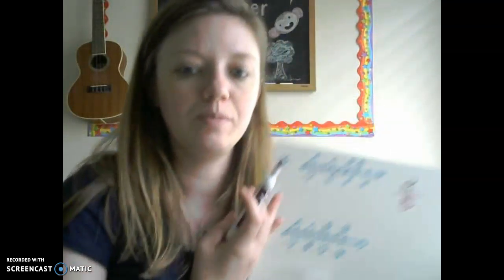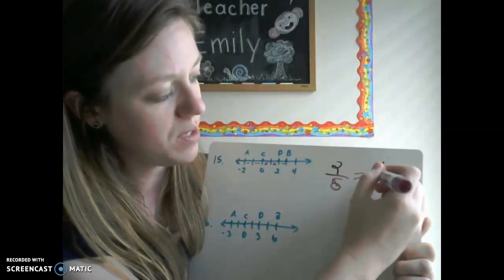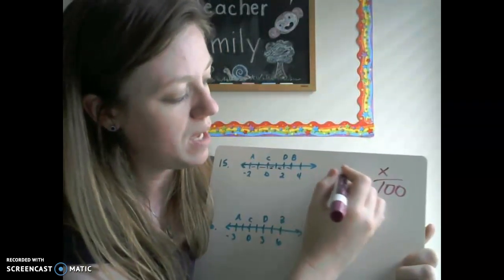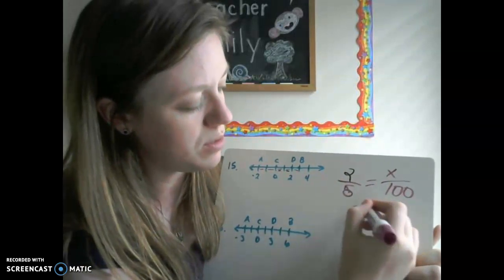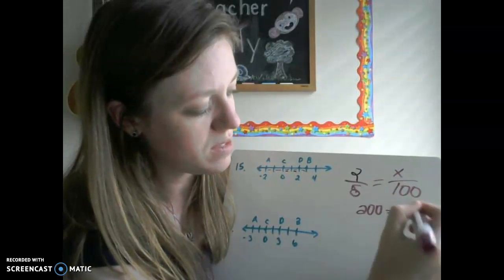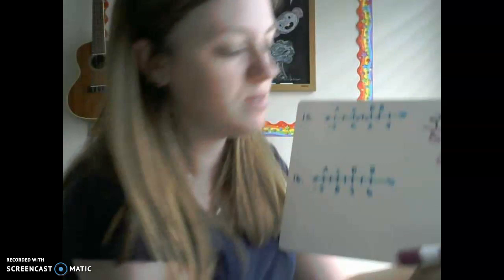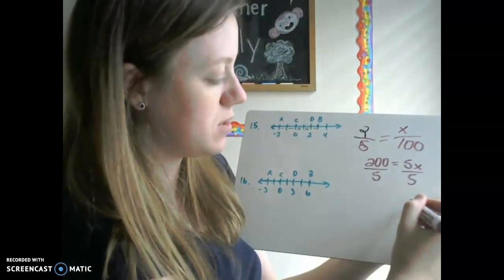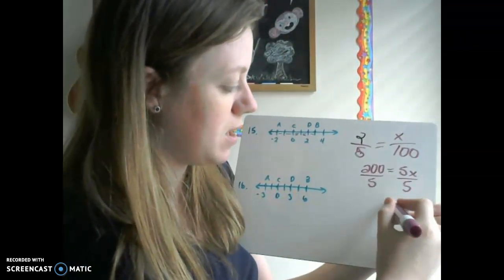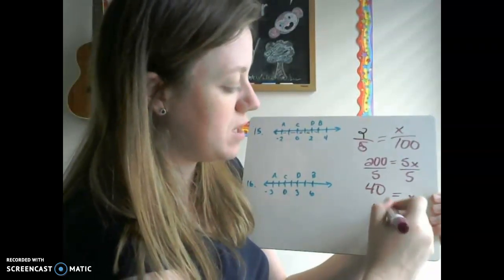We need to turn that into a percent. So I'm going to take 2/5 equals x/100. Cross multiply. 2 times 100 is 200. 5 times x is 5x. 200 divided by 5 and 5x divided by 5 leaves x alone on one side and 40 on this side. So the probability is 40%.